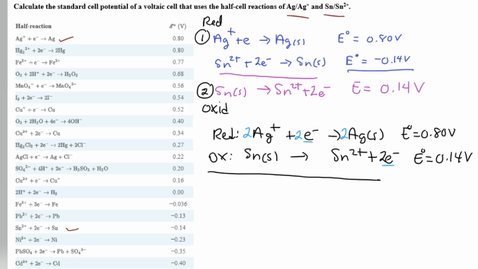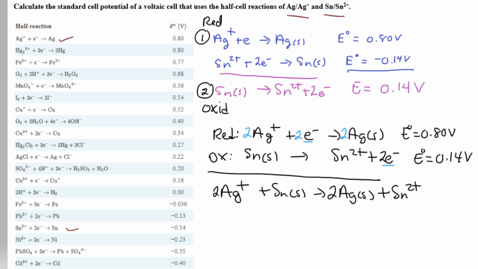And remember, when you add coefficients to these half reactions, you do not multiply the cell voltage by that amount. Those are not related. So you have 2 silver plus, if we're adding these together, plus a tin solid goes to 2 silver solids, plus your ion for the tin.